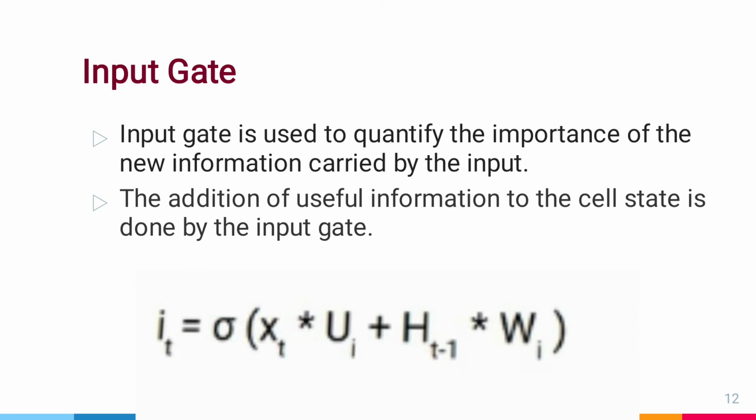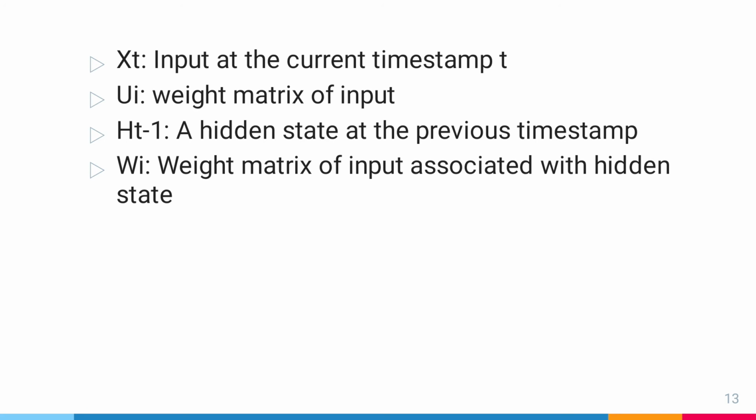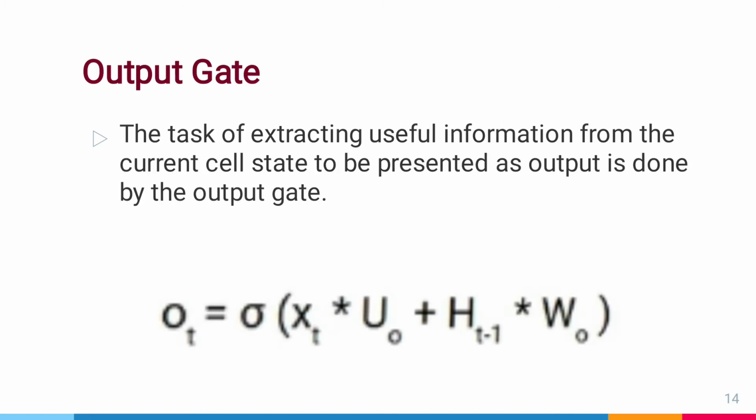Its output lies between 0 and 1 because of the sigmoid function. Here x(t) is the input at the current timestamp t, U_i is the weight matrix of the input, h(t-1) is the hidden state at the previous timestamp, and W_i is the weight matrix associated with the hidden state.